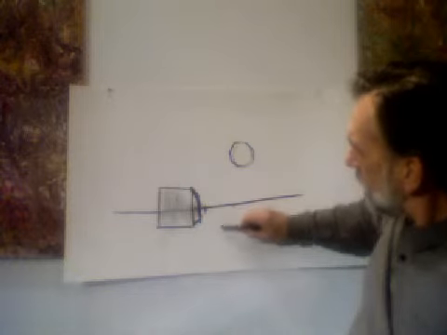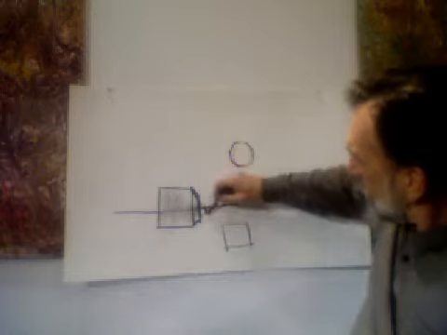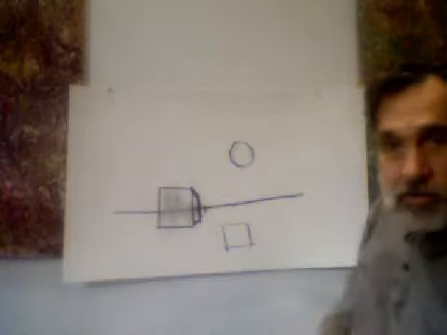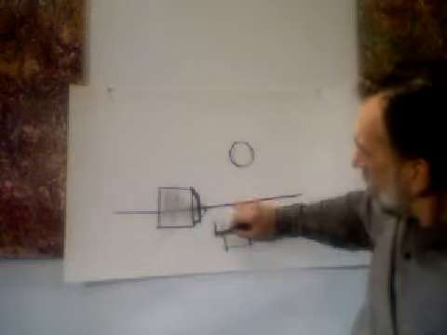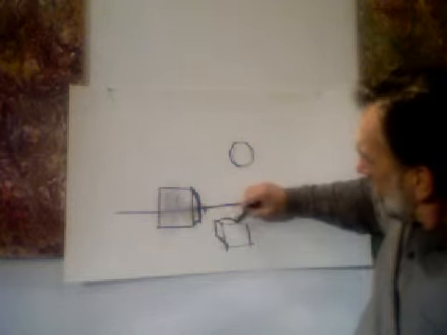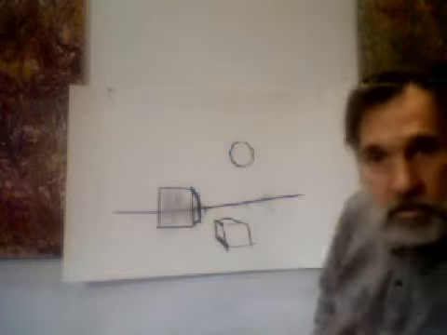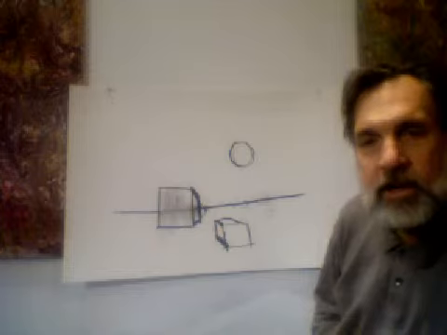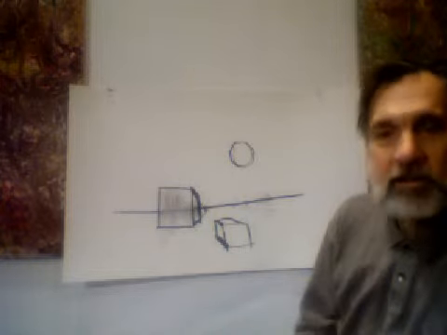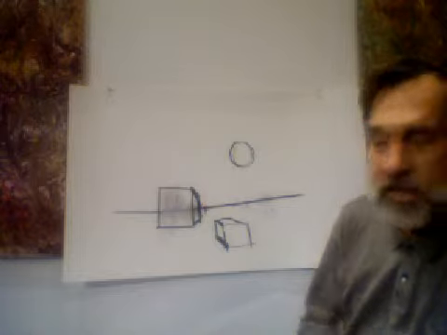If I put a square down here, and again I attach my lines, dotted lines in this case, to that vanishing point, and I connect them, you get an illusion of a three-dimensional object. That's one way that an artist can create the illusion of three dimensions with line.